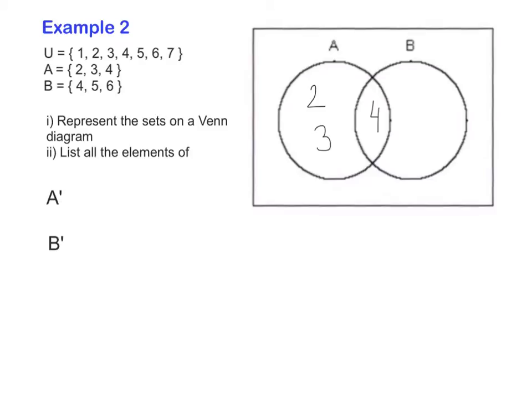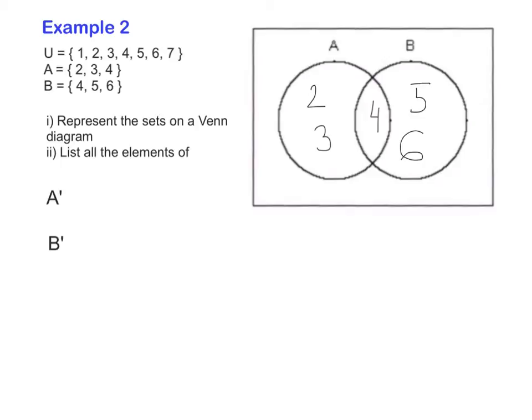I need to remember about it. It's a really common mistake in the Junior Cert exam and every single test. And then we have 4 in set B and 5, 6.